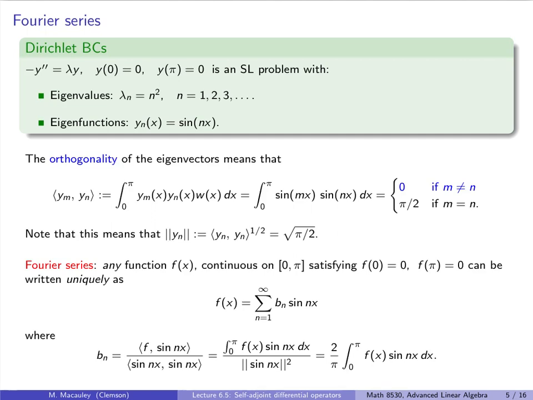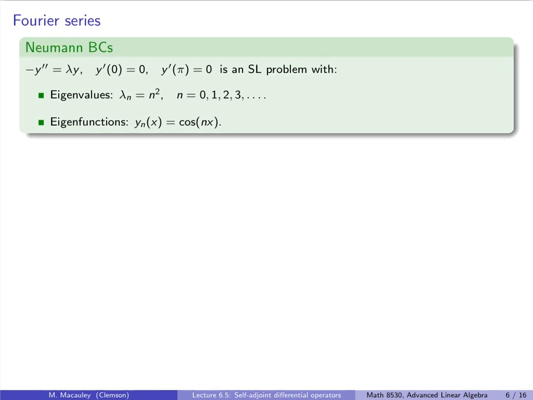Our next example is similar, and the only difference is that we have different boundary conditions that are called Neumann. So these correspond to the endpoints being insulated if we are in a heat equation. So this is a Sturm-Liouville problem with eigenvalues n squared. This time we have to include 0.